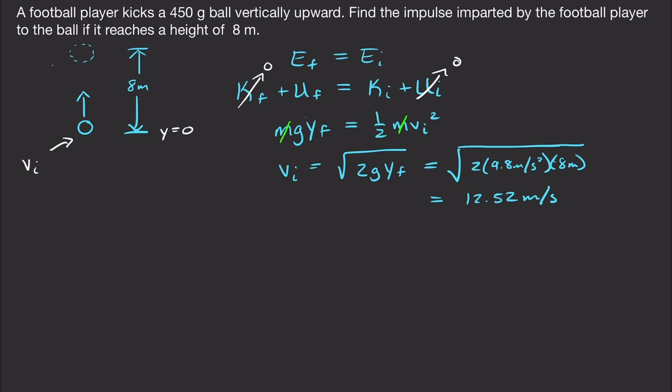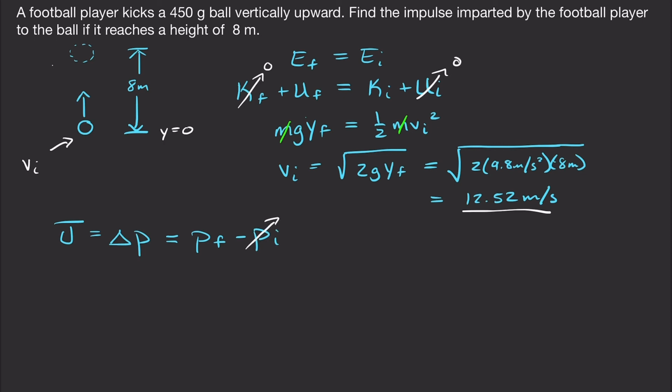So now we know that the force from the football player, from his kick, is going to have to change the momentum of this ball from being at rest to going this fast in order to reach this height. The impulse that the football player must impart will equal the change in momentum of the ball when he kicks it, which is pf minus pi.